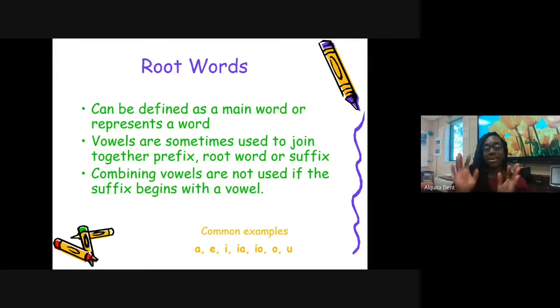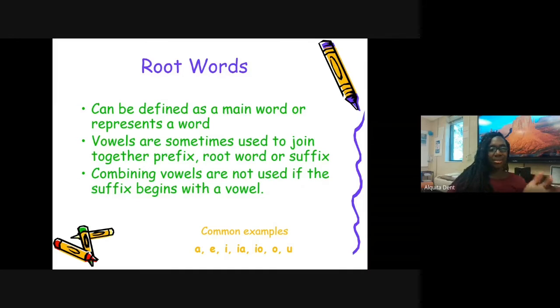Okay, so let me go back. Sorry. Vowels are used to join a prefix and a word root, or a word root and a suffix, and it makes the word easier to say. So let me explain that again. The word root defines the main word, like what's the main focus? Is it a heart?